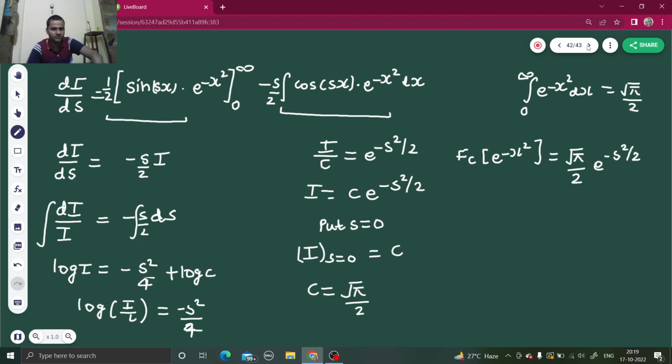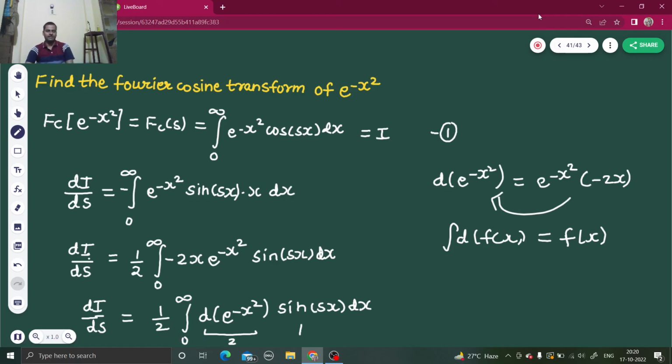Here also I will get s square by 4, and in the final result again I will get it to be s square by 4. Now it's correct. So simple mistake made it very difficult to match with the original answer.